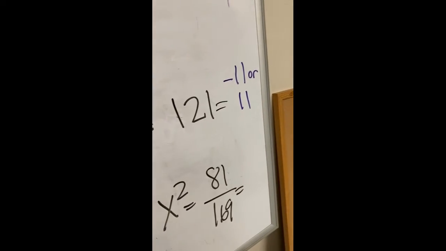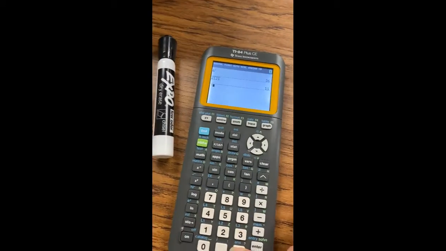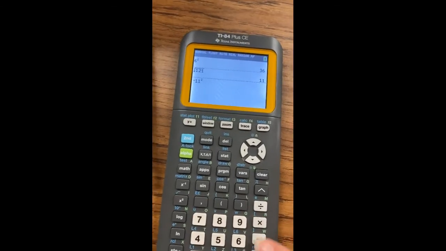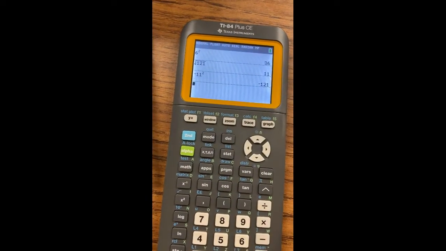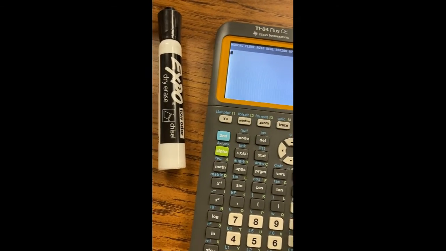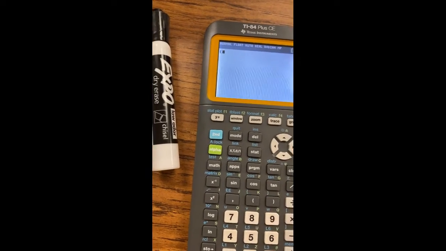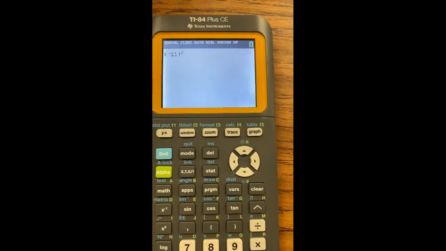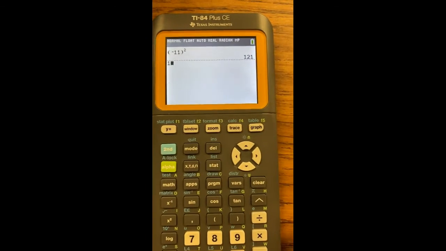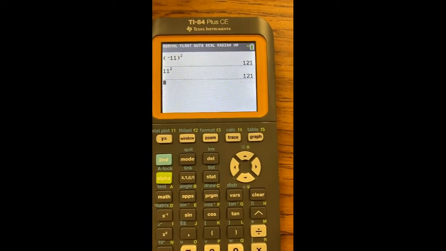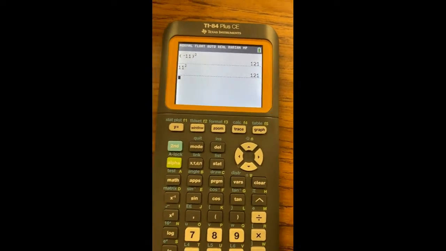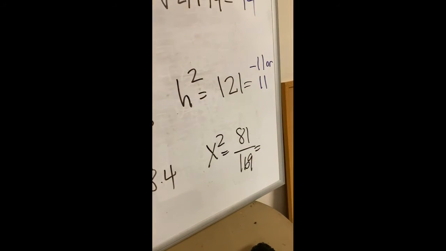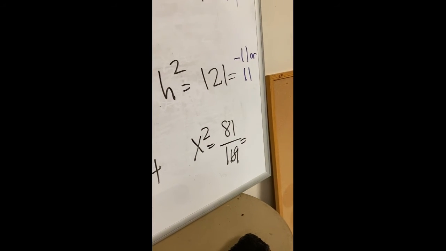It could be either or. Because if you do negative 11 squared, you get 121. And if you do 11 squared, you get 121. So make sure that when you're doing those, you have a negative and or positive.